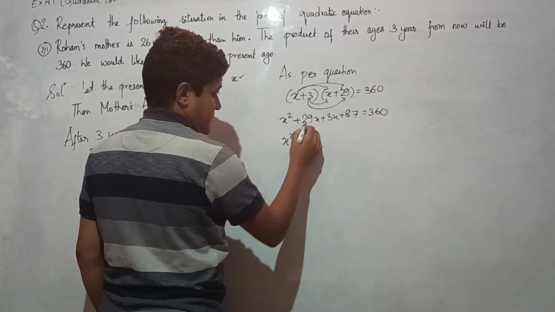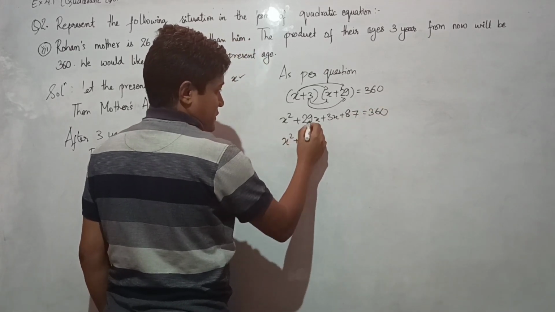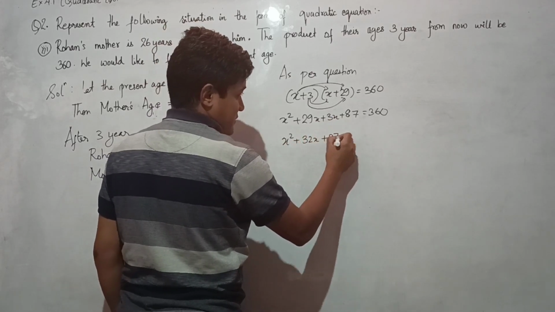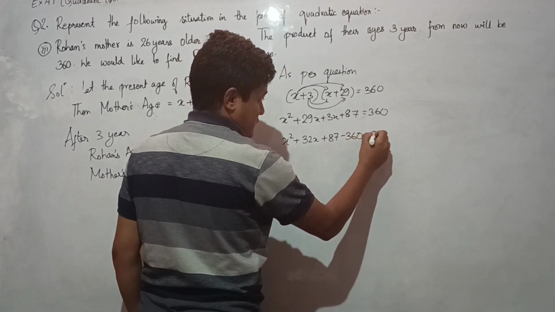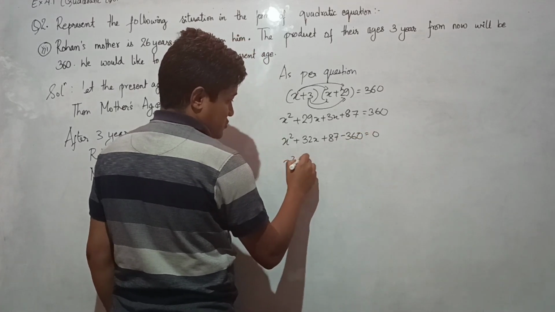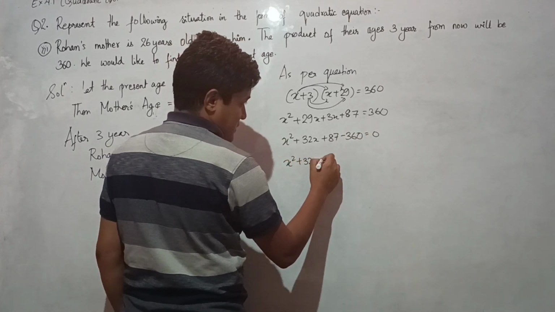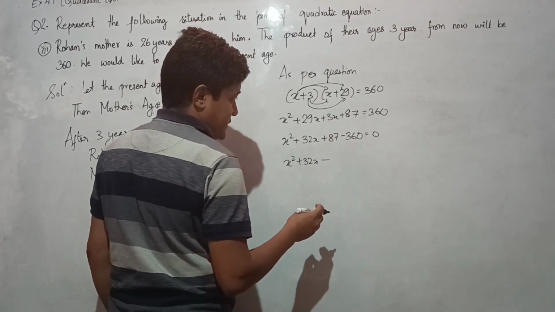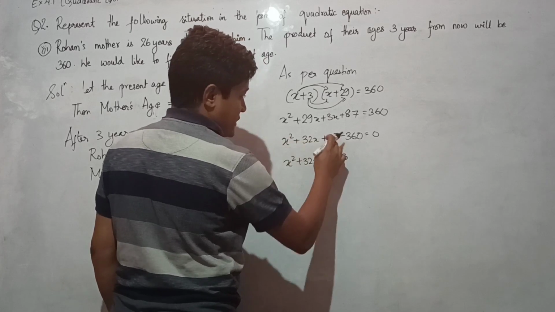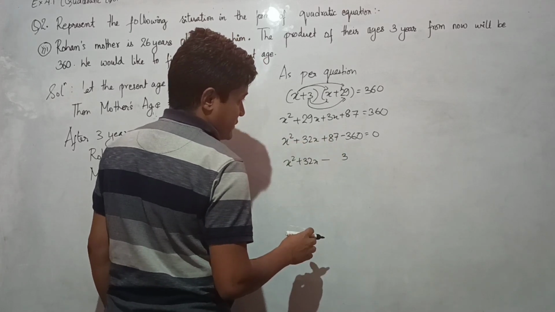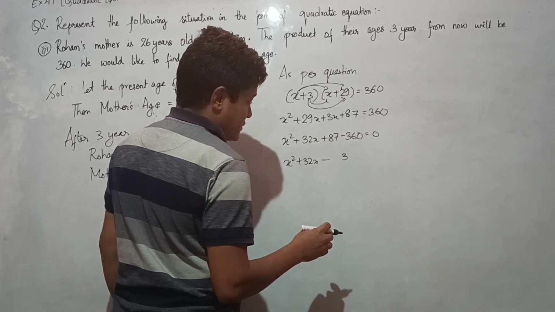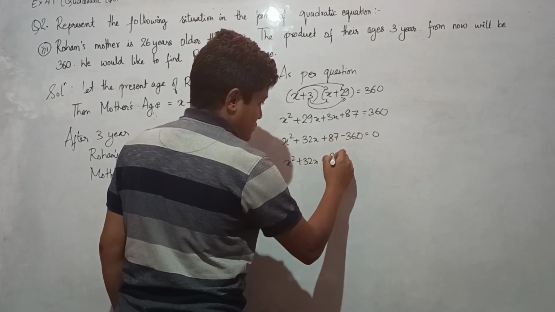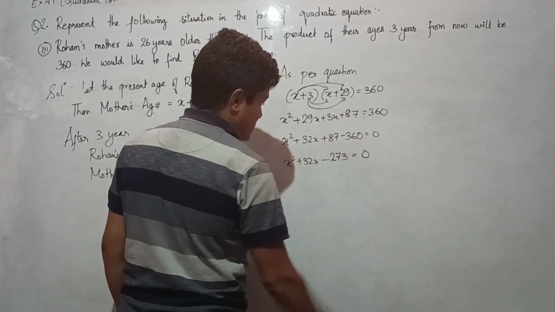So x square plus 32x plus 87 minus 360 equals 0. So x square plus 32x minus 273 equals 0. You can subtract it also.